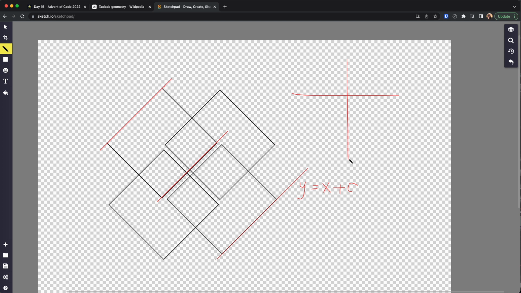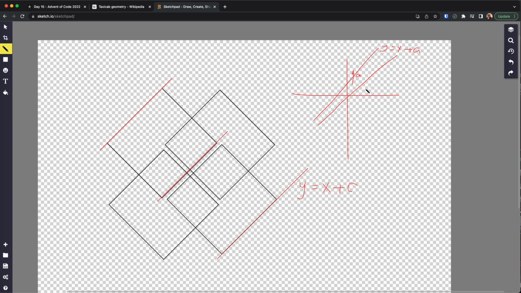So here, this is y equals x, and then if we move this a units to the top, then this line will be y equals x plus a.